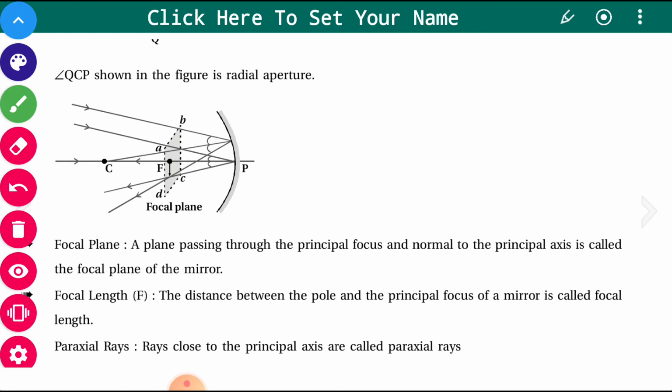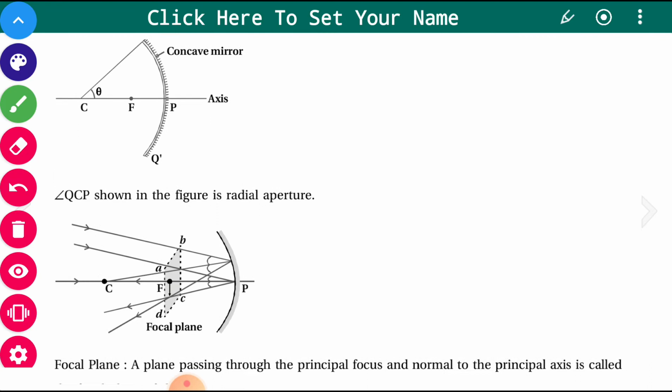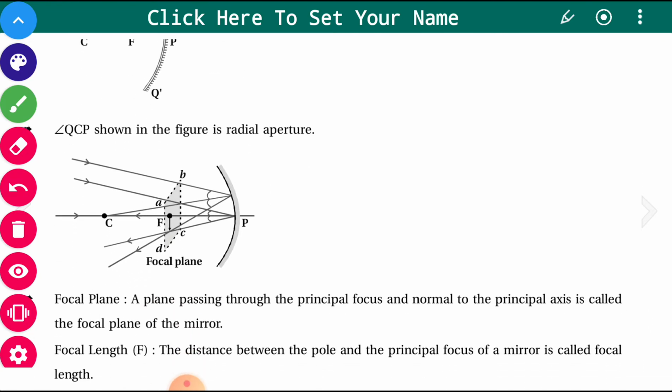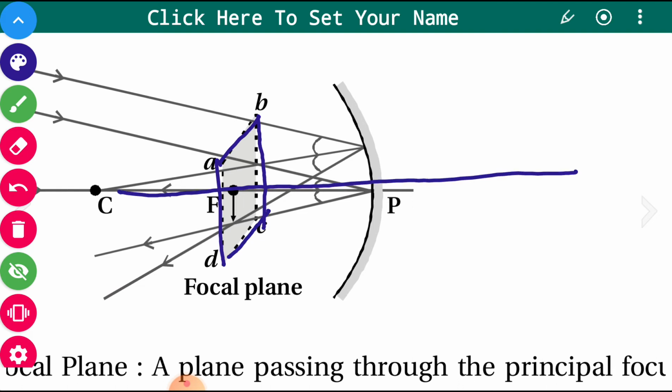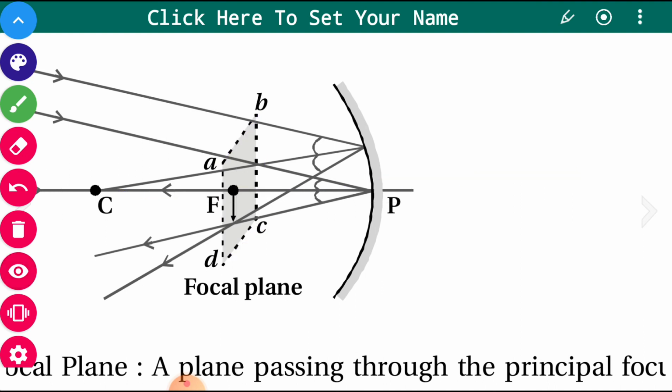A plane which is passing through the principal focus and normal to the principal axis is called the focal plane. You can see the focal plane here. Okay, it is passing through the principal focus. Okay, so this plane, imaginary plane, it is passing through the principal focus and it is perpendicular to the principal axis. This is called the focal plane.